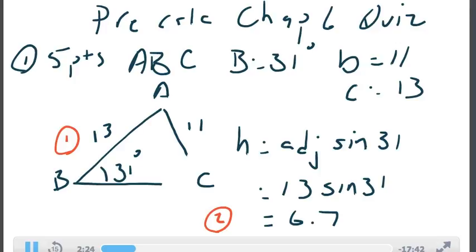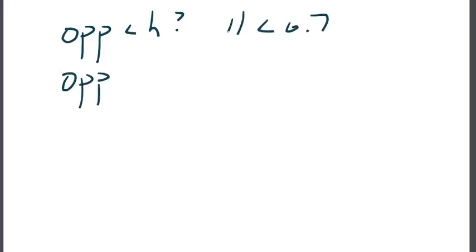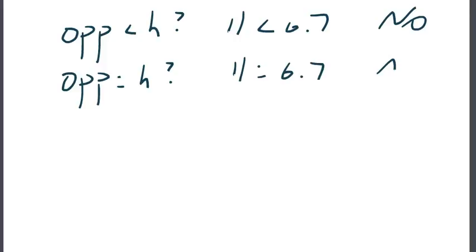And then the next part of this question, we just need to look at our conditions to determine how many solutions we have. So the first one we look at is, is the opposite less than h? Well, no, because 11 is not less than 6.7. Is the opposite equal to h? Well, no, because 11 is not equal to 6.7. And then we next look to see, is opposite greater than adjacent?